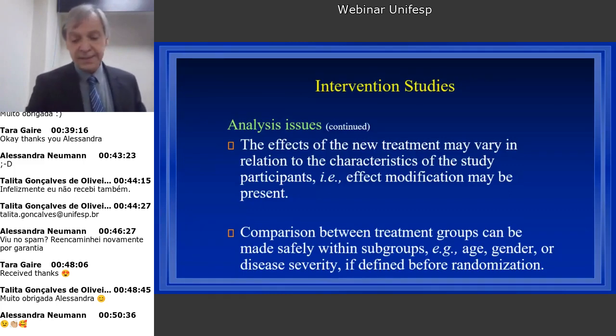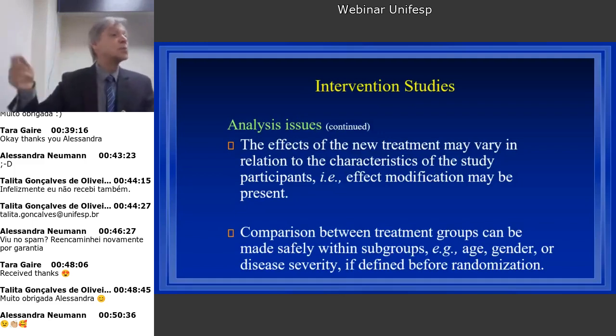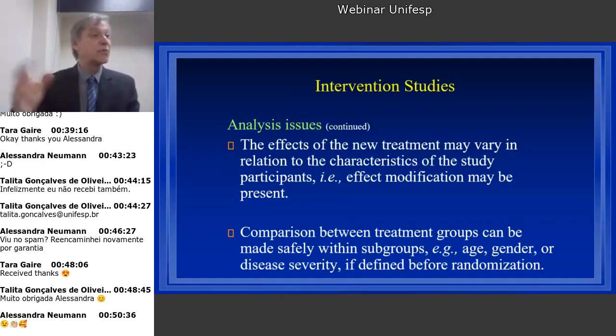That's called a priori analytical steps. That avoids this. And then you can analyze within subgroups. You can do reanalysis of the data within subgroups. You're not doing multiple testing. That's another problem you want to avoid, multiple testing in a clinical trial, because then you are violating type 1 error. We're going to see that later on.